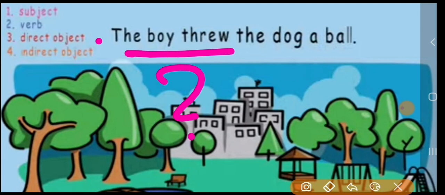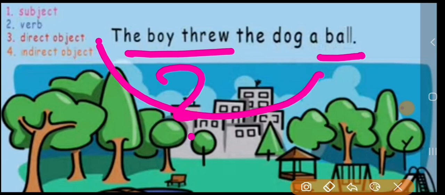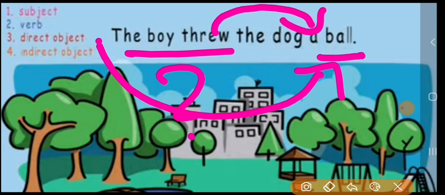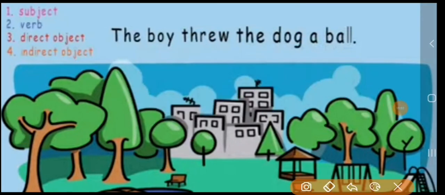So, the dog is not the direct object. The ball is the direct object because the ball directly received the action of throwing. So, the dog is the indirect object. Children, the dog is affected by the action of throwing but not directly.